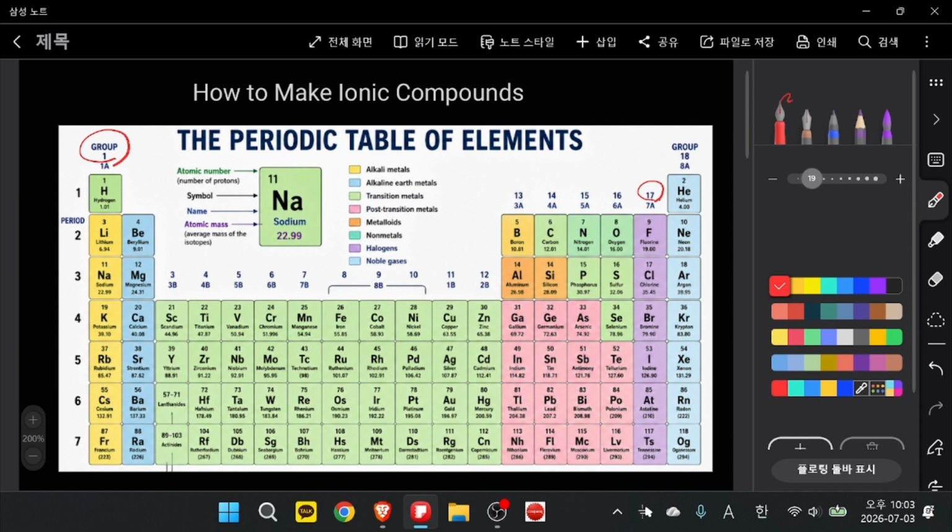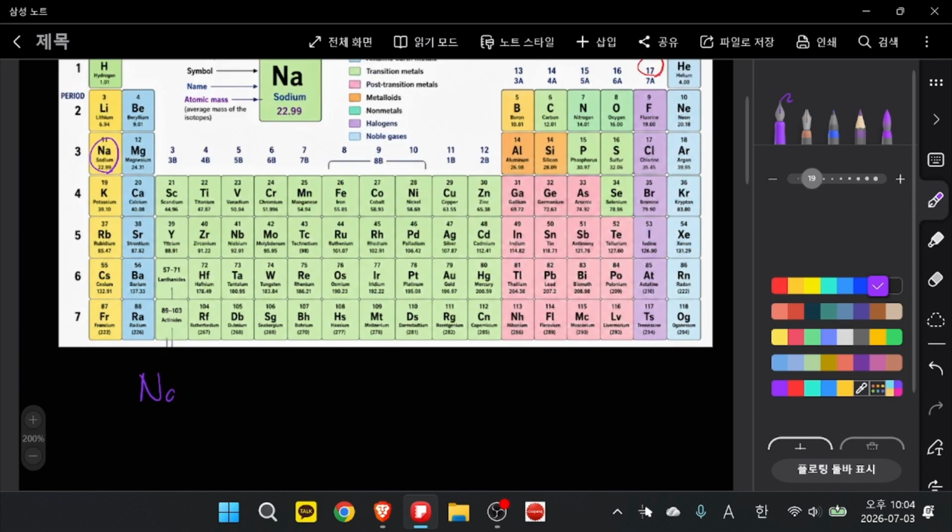Let's look at our first example. Sodium is a group 1 element, so it loses one electron and becomes Na+. Chlorine is a halogen, so it gains one electron and becomes Cl-.